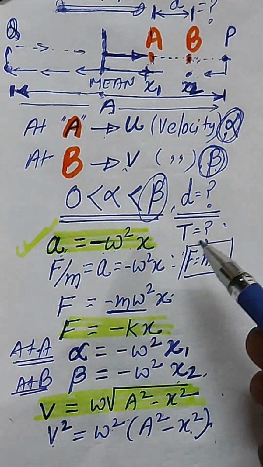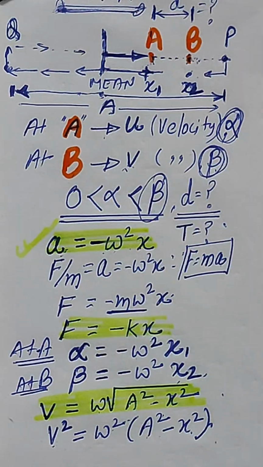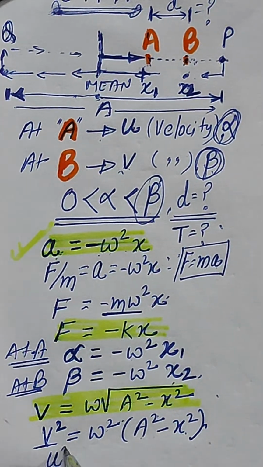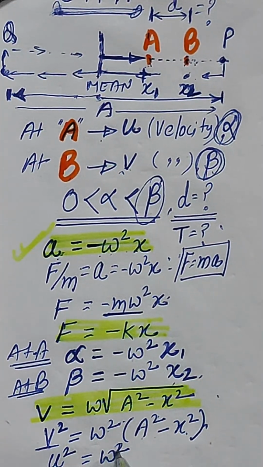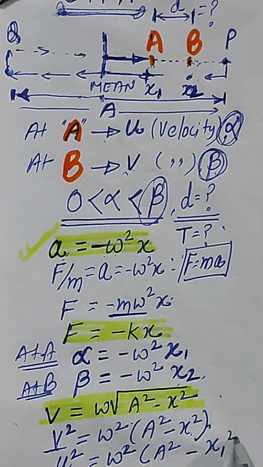If you write the corresponding values of the velocities u and v into this formula, then in place of v square, if you write u square, it will become omega square into a square minus x1 square.